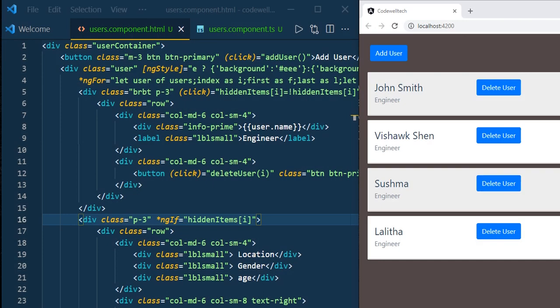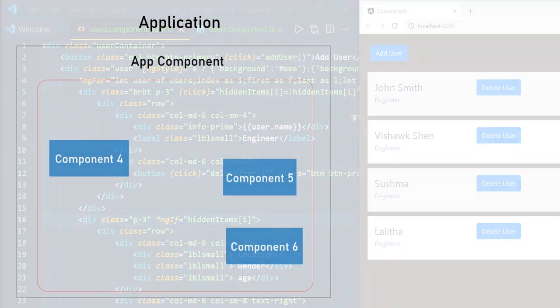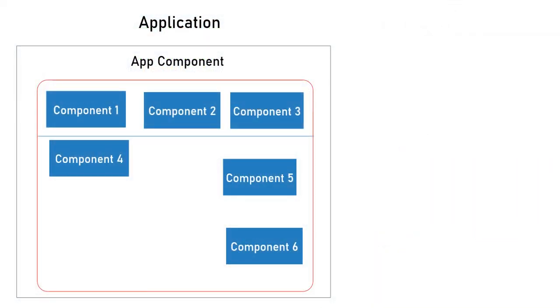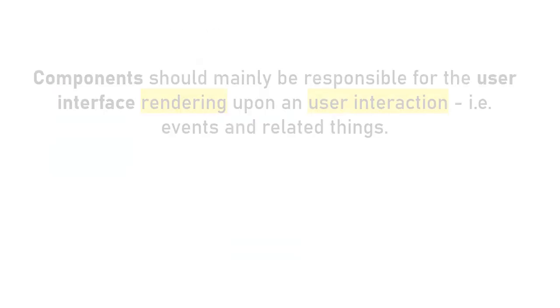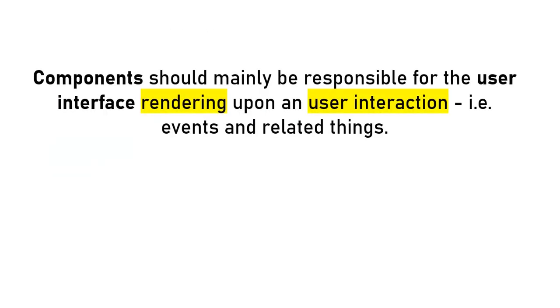First, let us see what is the need of service. Any Angular application is developed by embedding so many components in the main component, that is app component. The main responsibility and purpose of the component is to listen to the user interactions and render the expected user interface.